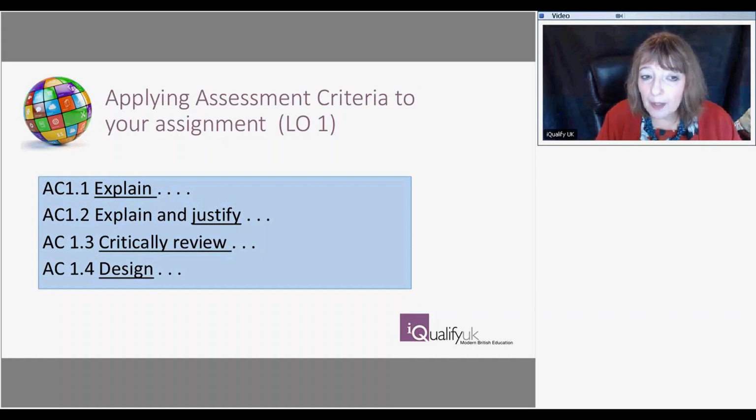So 1.1 talks about explaining, 1.2 talks about explaining and justifying, 1.3, critical review, and 1.4, design. And these are the words that you need to demonstrate within the assignment that you are writing.